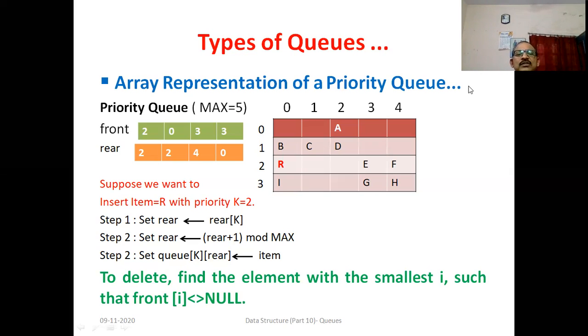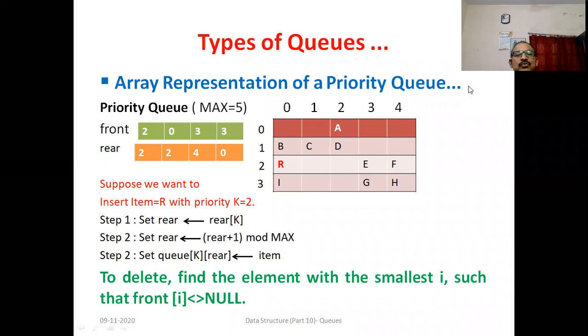Now suppose we want to insert item R with priority K equal to 2. How will we insert R? Step 1, we set rear equal to rear K. What is K? Priority K. We simply look at the contents of rear 2, and the content of rear 2 is 4.